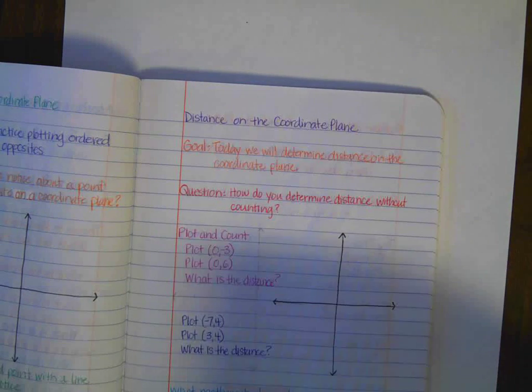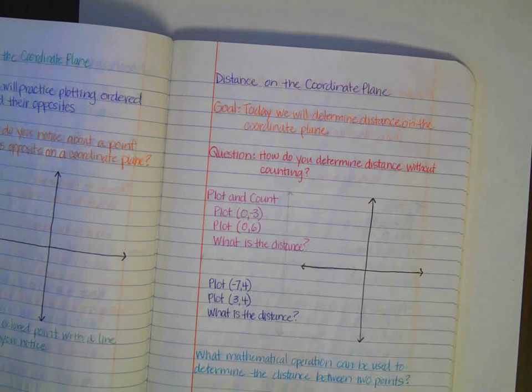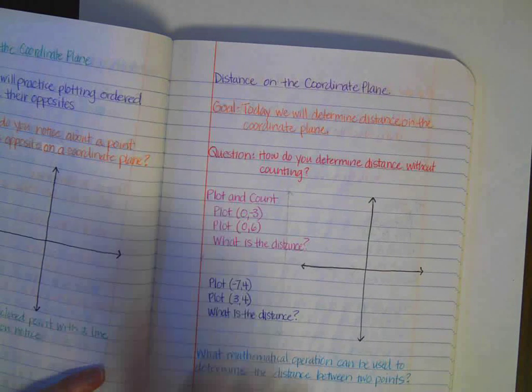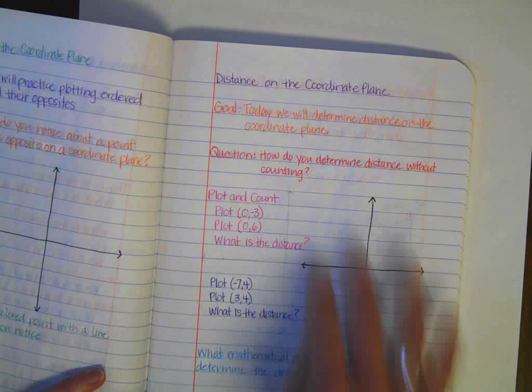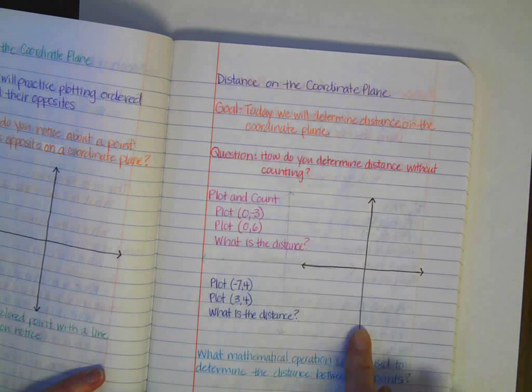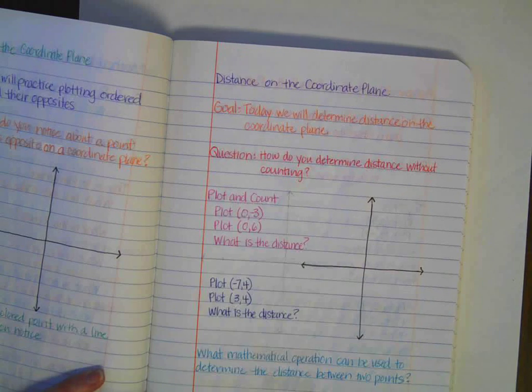The thing that I want you to take a look at is, it says plot and count. So we have another couple of things that we have to figure out as far as determining the distance. You see our little coordinate plane here, the x-axis, the y-axis. You need to have those labeled, and you need to plot (0, -3).